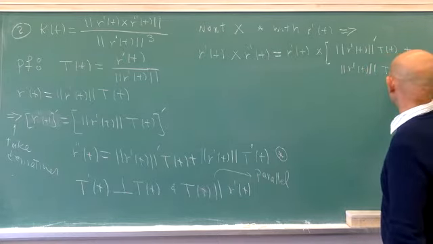These two vectors are orthogonal to each other, so the cross product is going to be norm of this times norm of that times sine of 90 degrees, which is 1. Okay? So this is equal to norm of R prime of t, then norm of R prime of t, norm of T prime of t, right? And the whole thing is equal to that side.